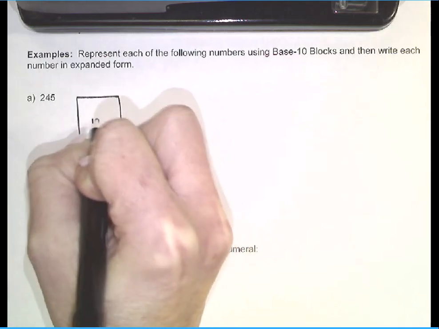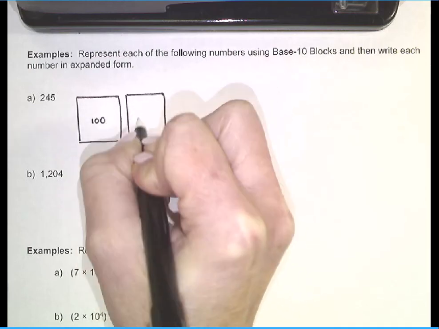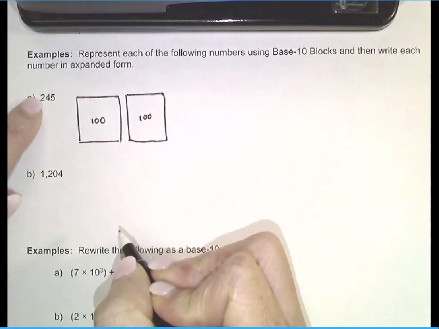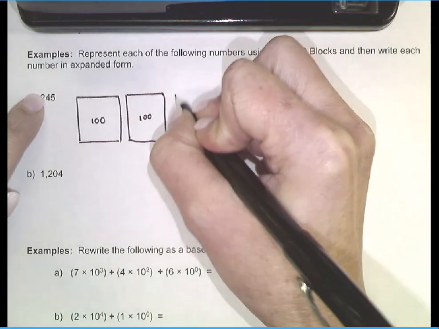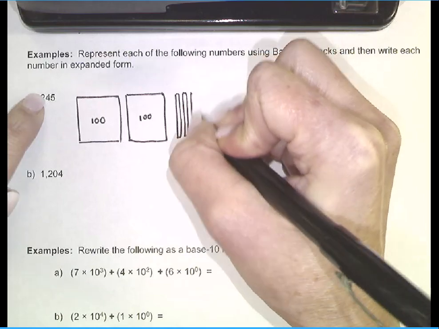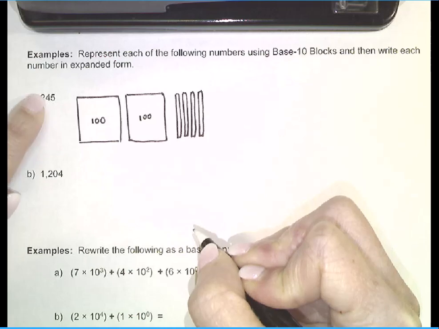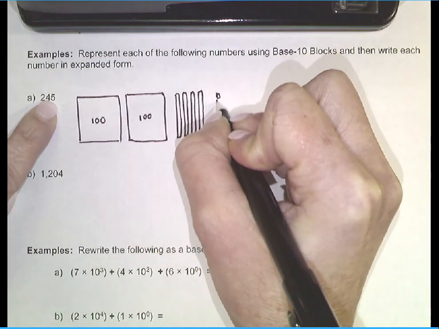Just go with me here. That's going to be 100. We need 2 of those. That's the 200s. Then we need 4 of the tens. Those are the skinnies. And then you would need 5 of the little bits.